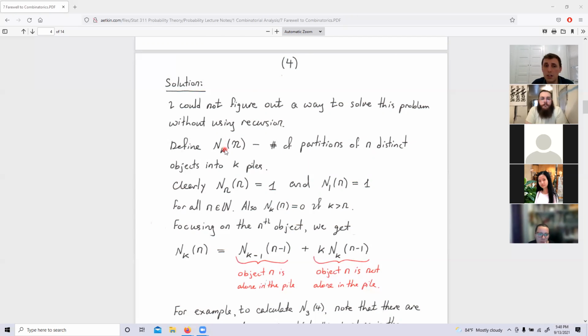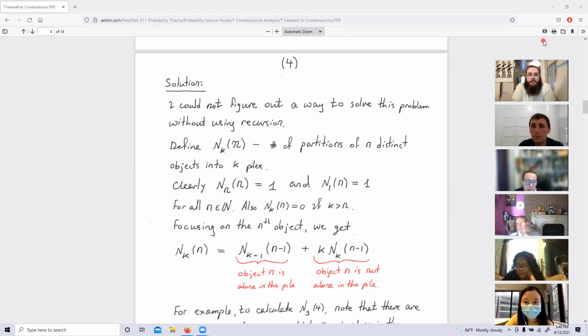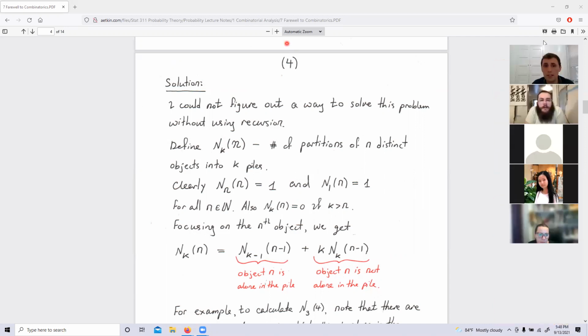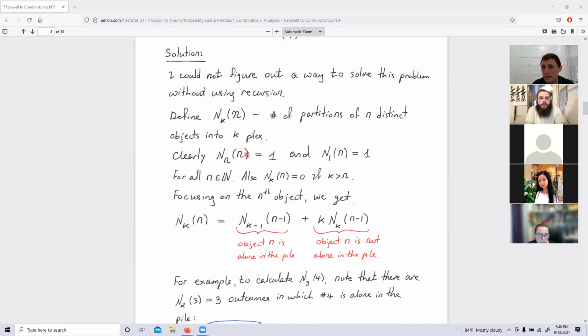So let's, in general, imagine that we have n entities that we wish to divide into k piles. I represent the number of possibilities with capital N sub k of little n. Yes? You understand what it means? This is how many piles I want, and this is how many objects. So let's see what happens in a simple situation.